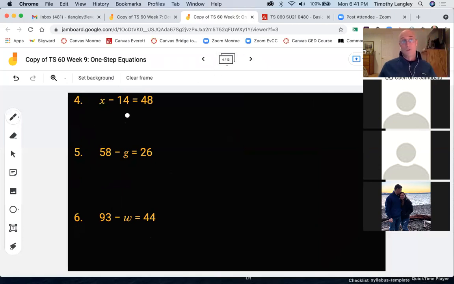This one here, number 4, this is easier because I have really a positive x minus 14. So I would just do plus 14, okay, here, and plus 14 here. And then I would solve the equation. I would go x equals 28. What am I doing wrong? Yeah, these cancel out. So that should be an equals.